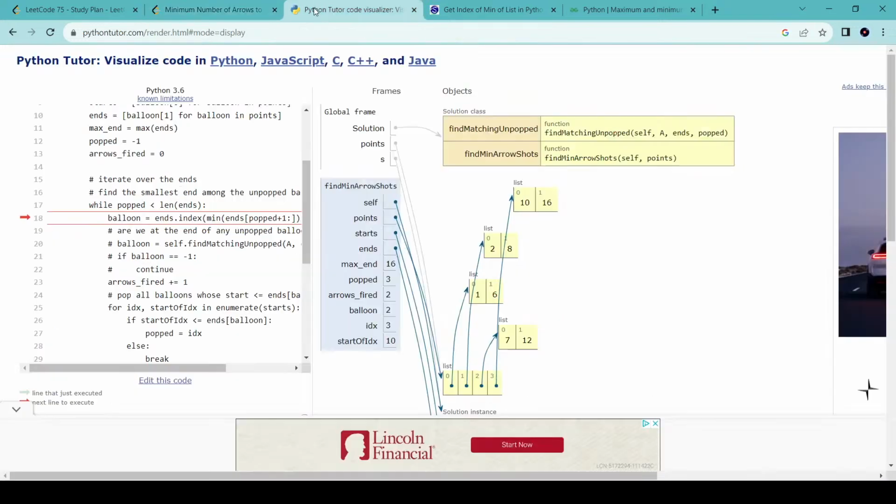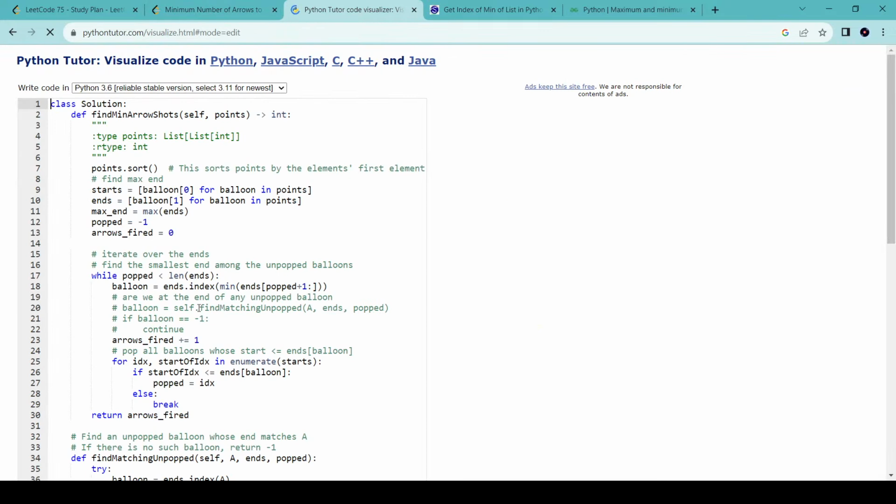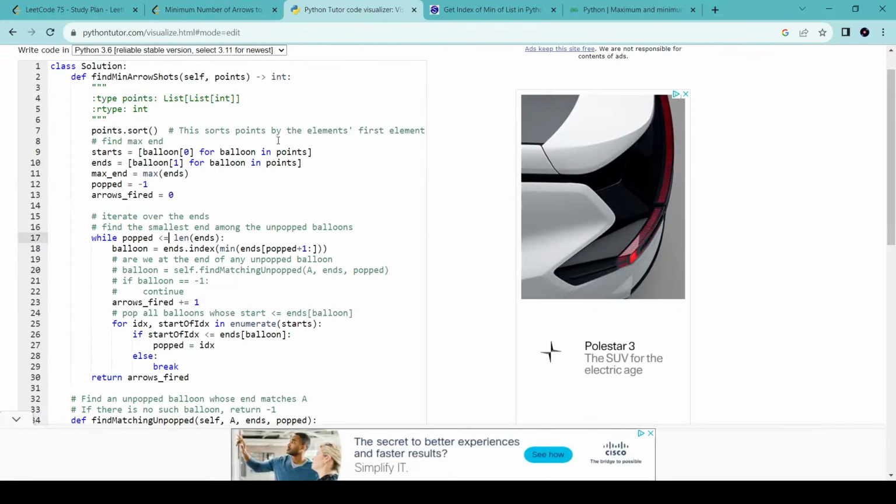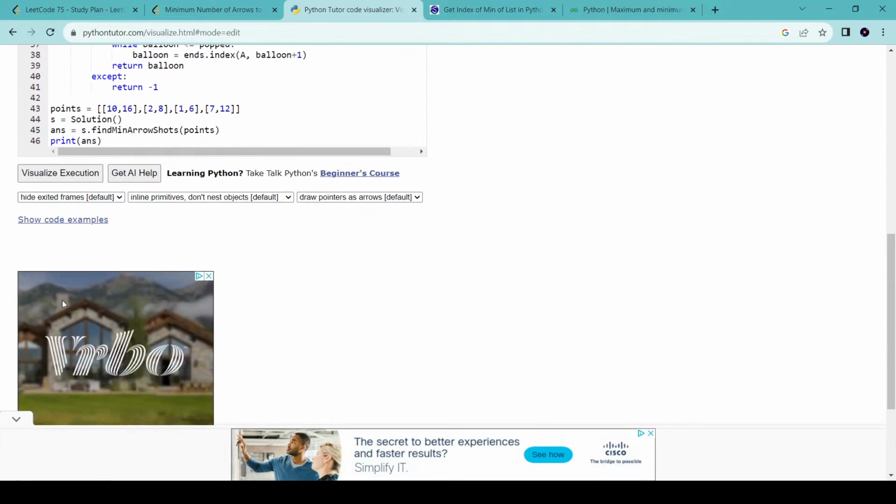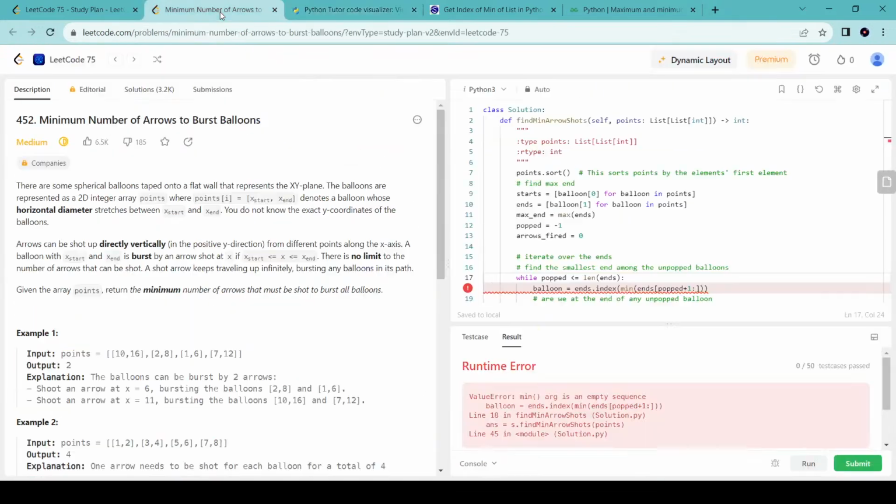Let's try it again. We should also try it here in real time, in case the other one doesn't work. Visualize execution. Okay. Pop is smaller. Okay.